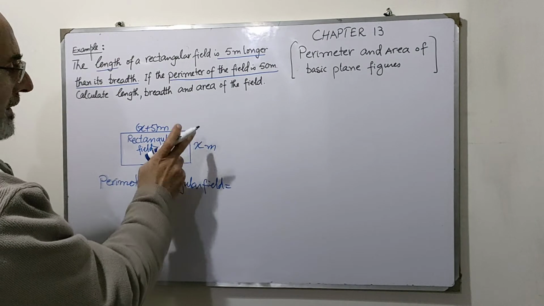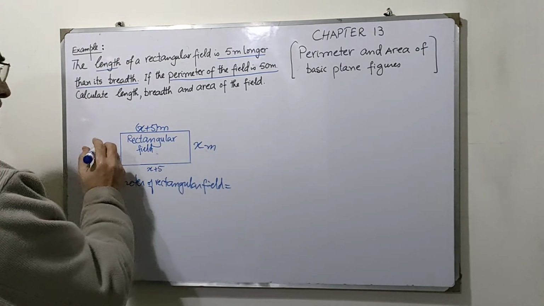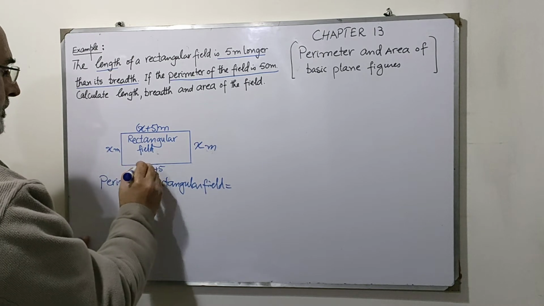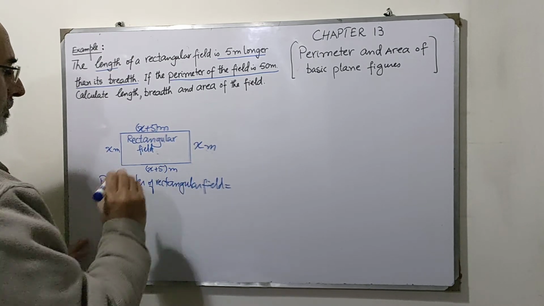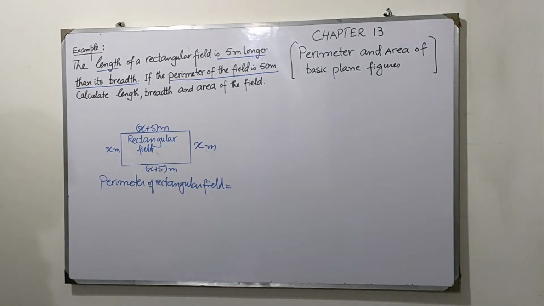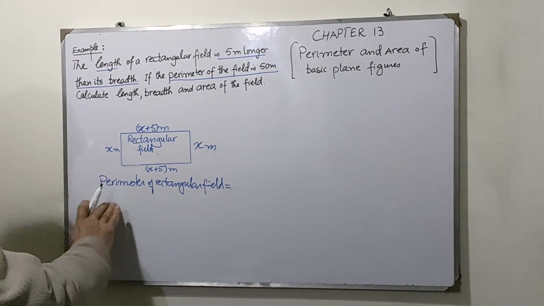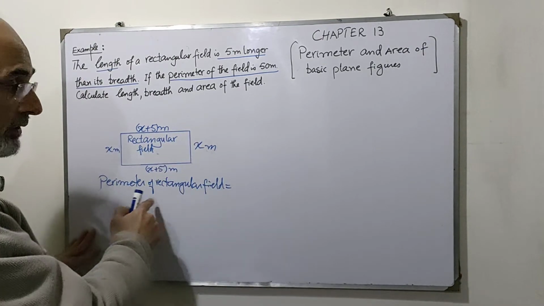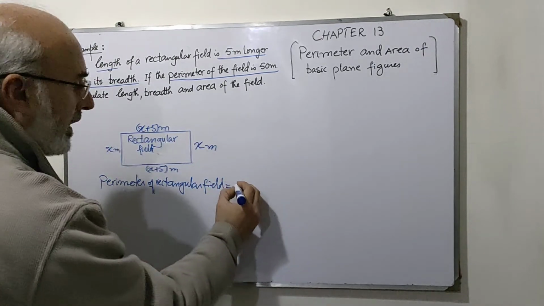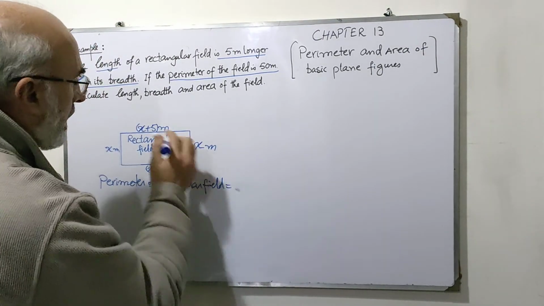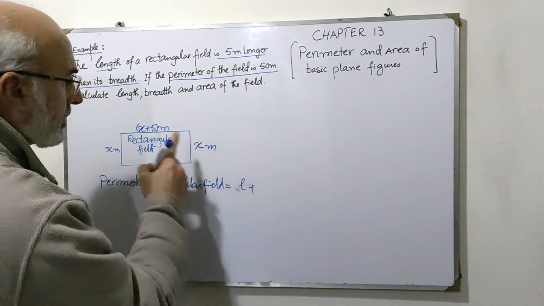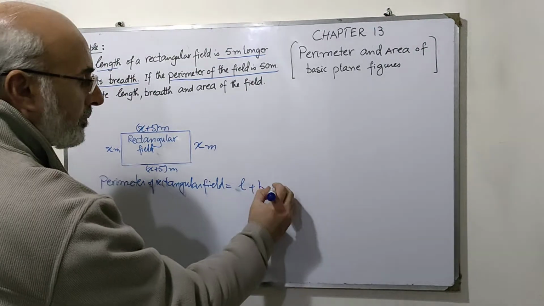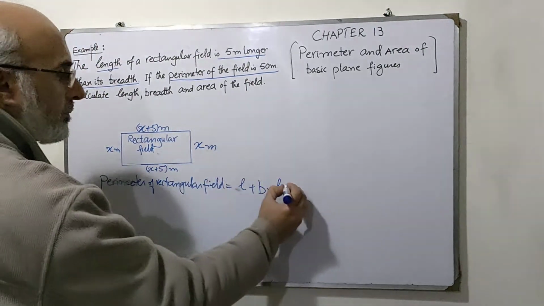If this is x, this is also x. So the perimeter of the rectangular field is the sum of all the sides: length plus breadth plus length plus breadth.